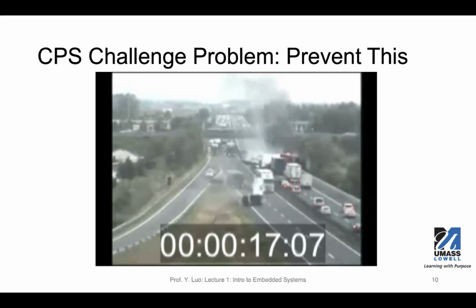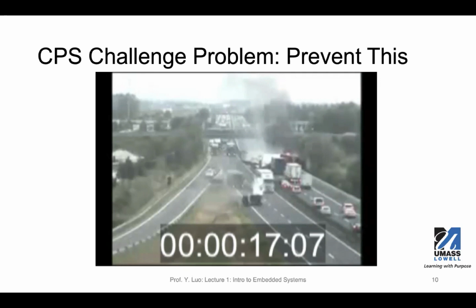But this is a very challenging problem for cyber-physical systems in that how would you design a system to prevent such horrible things from happening? And there are a lot of things we can do to at least reduce such risk.